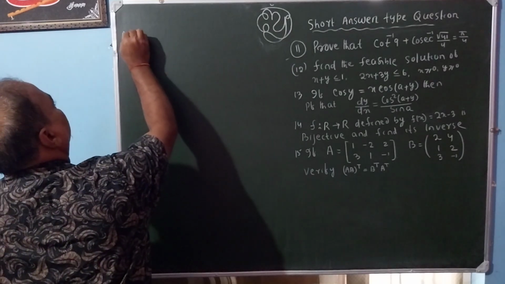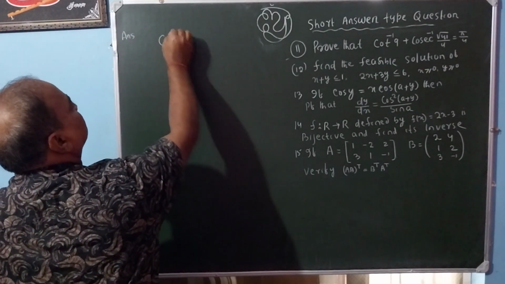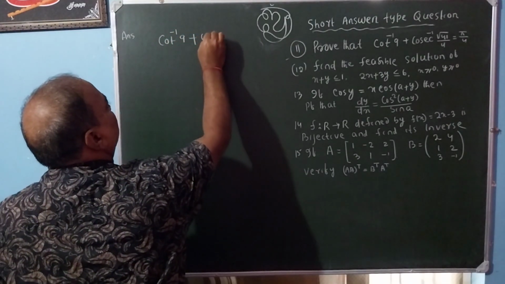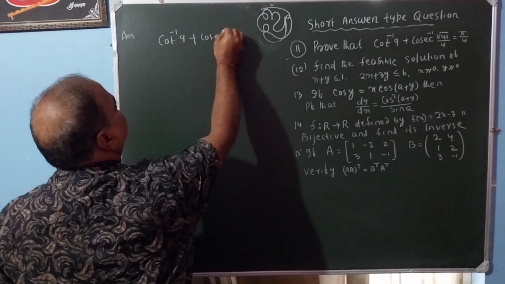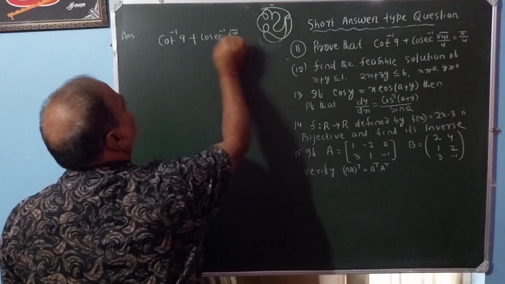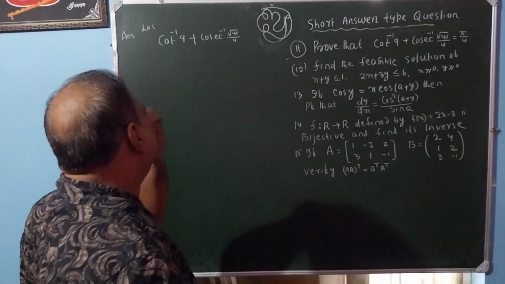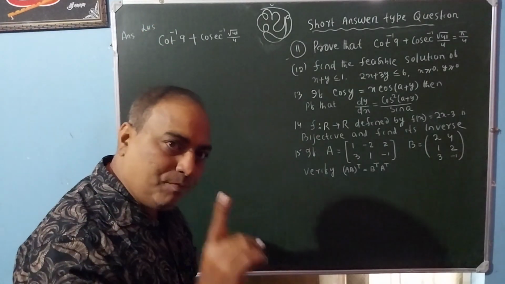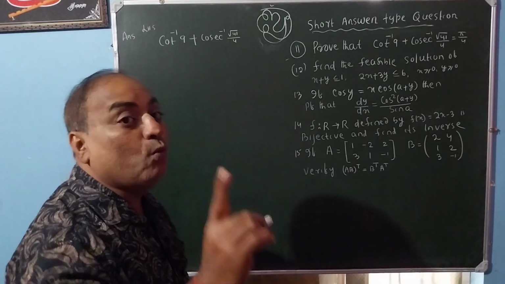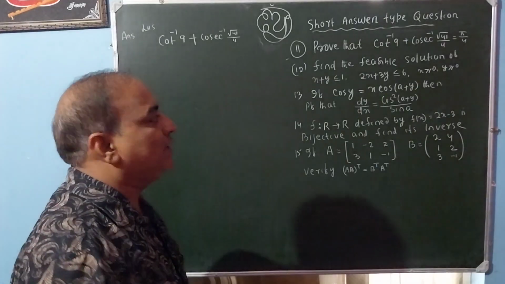Answer. Cot inverse 9 plus cosec inverse root over 41 divided by 4. I am taking the LHS. It is heterogeneous. First of all you have to bring everything to one form, either sine, cos or tan.